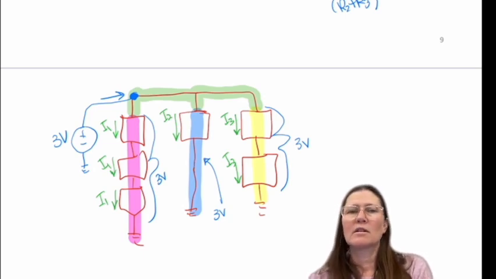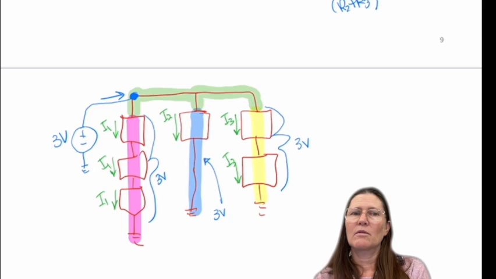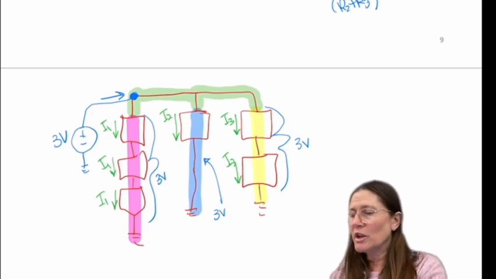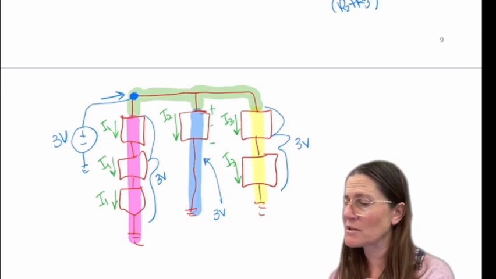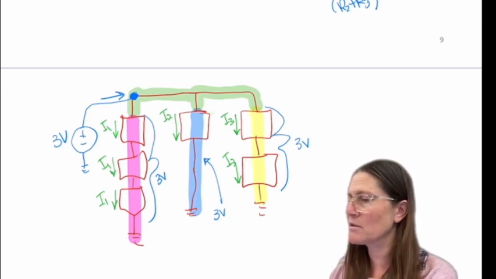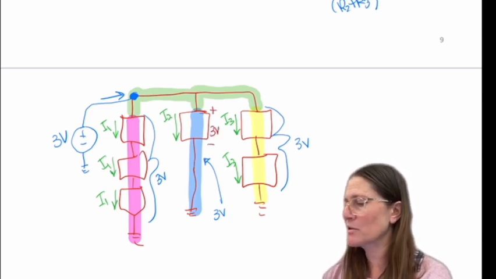For all 3 of these branches, would they be like -3 volts to get back down to 0 at the ground, or would it be positive? So each one of these, right across this is going to have plus to minus to be 3 volts. So across that element, it has to be 3 volts.